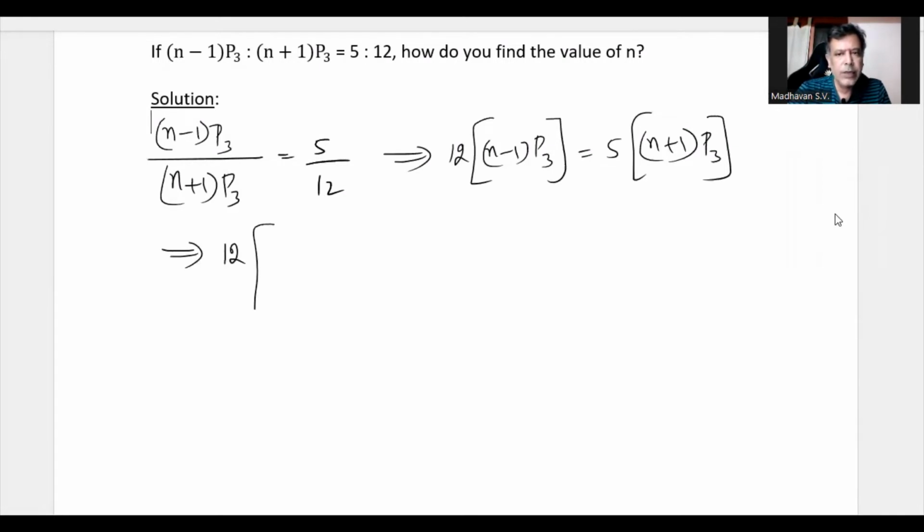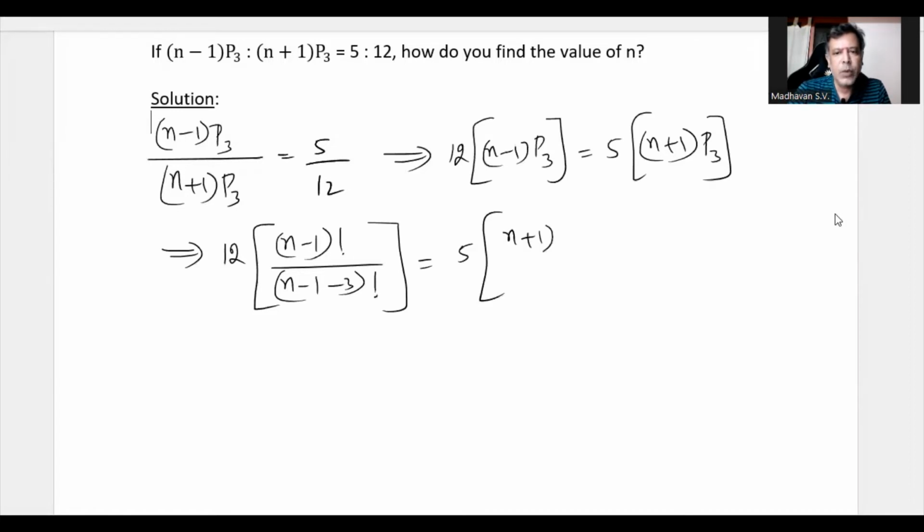So the first one will become (n-1)! divided by (n-1-3)!. Then on the right hand side, it is 5 times (n+1)! divided by (n+1-3)!. So now this can be further written as 12 times this (n-1) factorial.